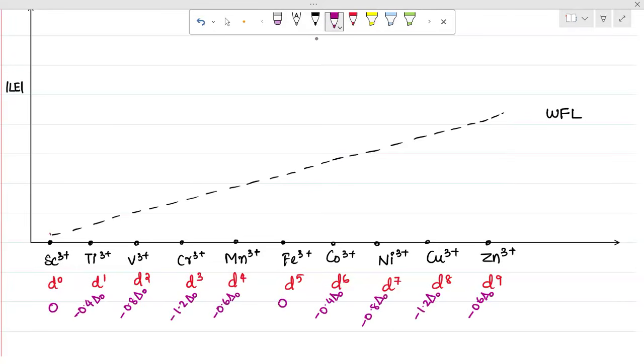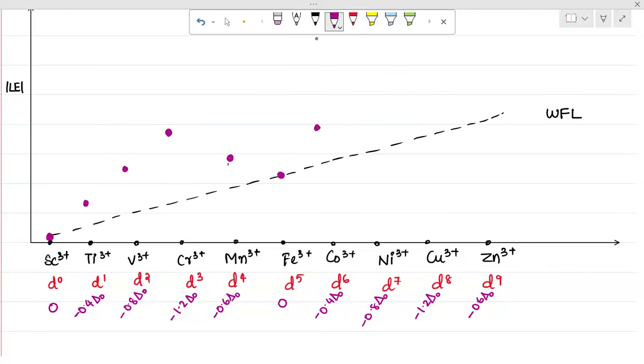So for scandium, it is the same as expected. For Fe+3, which has a d5 configuration, CFSE 0 also meets with the expected value, while others will show a shift because there is a contribution due to CFSE. What would that be? Titanium 3+, slightly higher. Vanadium 3+, higher than that. Chromium 3+, higher because minus 1.2. And then manganese +3, a bit lower. Correct?